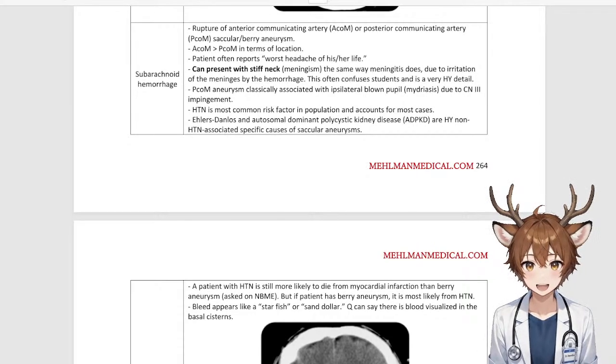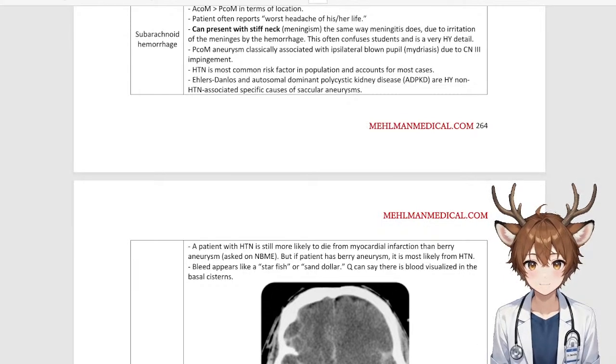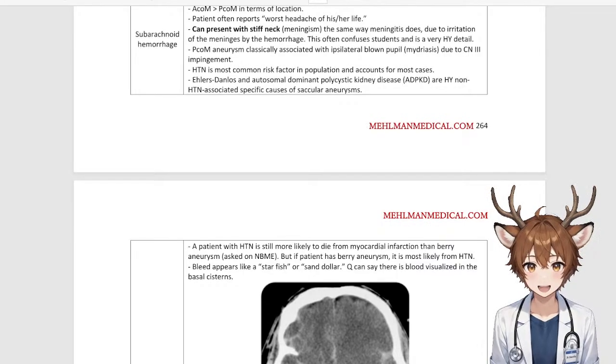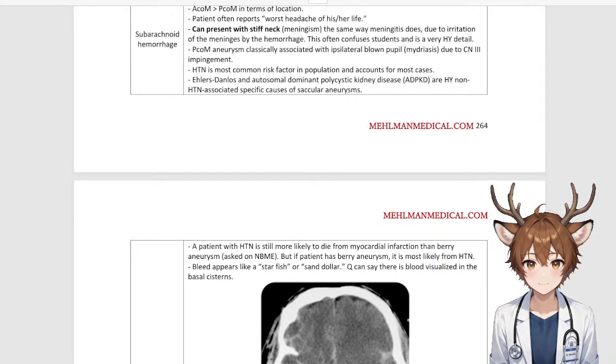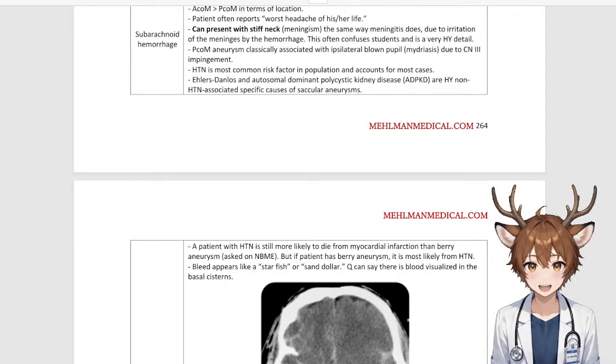A patient with hypertension is still more likely to die from myocardial infarction than from a berry aneurysm, which is asked on the NBME. But if the patient has a berry aneurysm, it is more likely from hypertension.